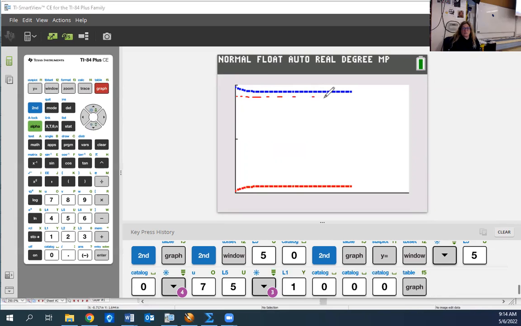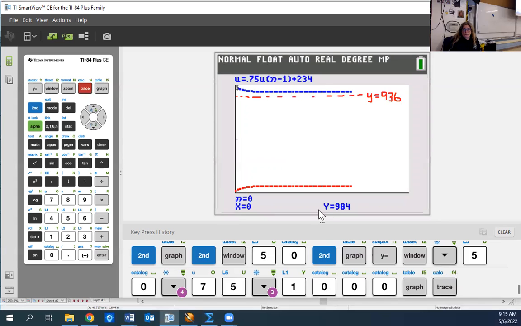Yeah, this is y equals 936, right? And what I could do is use the trace button, guys, to confirm it. If I click the trace button right here, see how that little butterfly thing is on there? Do you guys see when x equals 0, y equals 984?